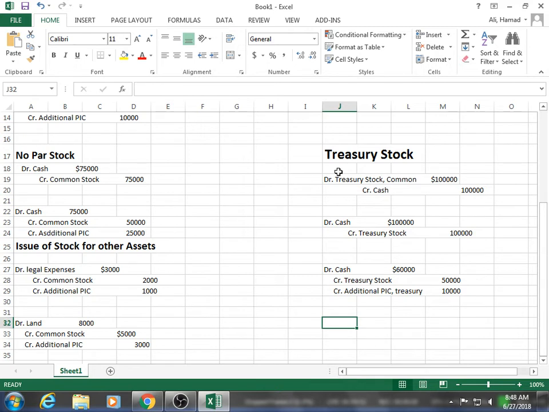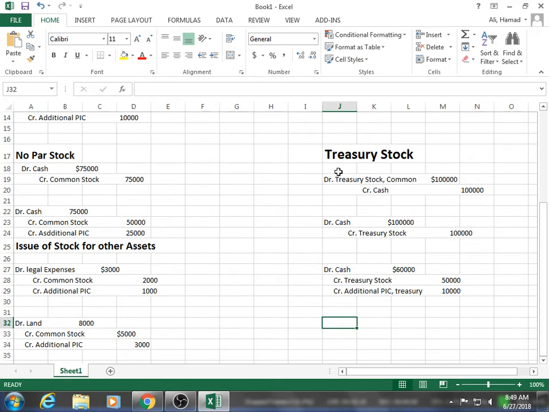Contribute from the retained earnings. You forgot about retained earnings? You take it out, so you have to debit retained earnings. So again, if you have enough in the PIC treasury, you take all the loss from it.